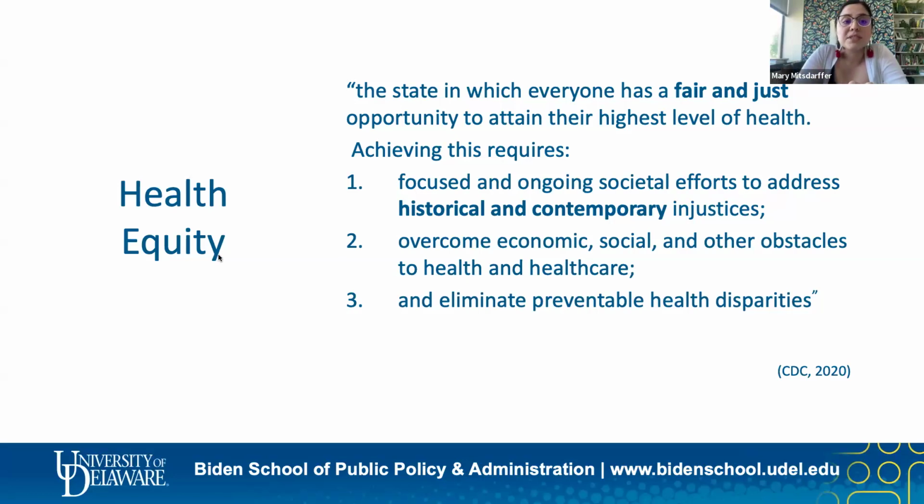And so in order to achieve health equity, we need to be able to overcome these economic and social obstacles to health and healthcare. Our health, 80% of it happens outside of a healthcare system, right? It's the interactions that we have every single day. And so it's important that when folks get to the healthcare system, we have tried to meet the needs of folks in every way possible.